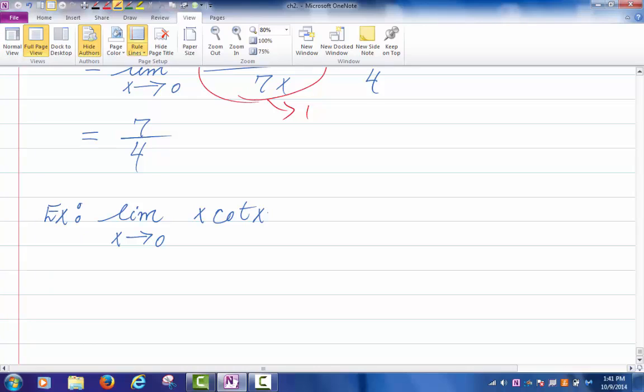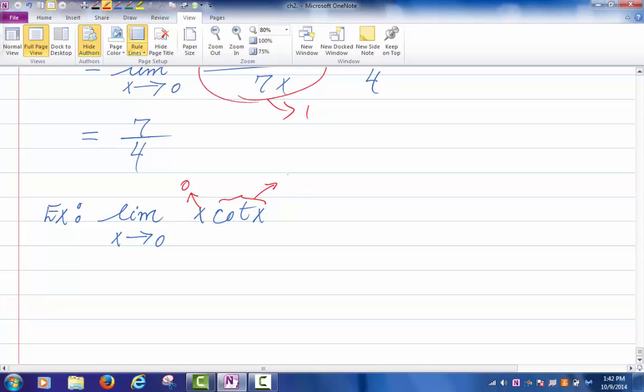Let's investigate what's happening here. What's the limit of the first factor x when x goes to 0? 0. When x goes to 0, the first factor is x, so it goes to 0. How about the second factor? This guy goes where?